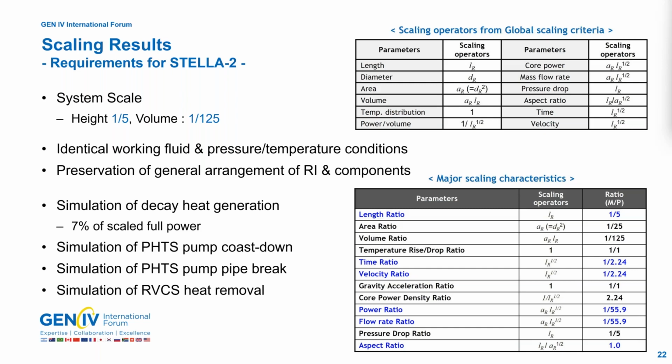The facility simulates the decay heat generation. It simulates primary heat transfer system pump coast down. It simulates pump pipe break event, and it simulates reactor vessel cooling system heat removal. Next slide, please.